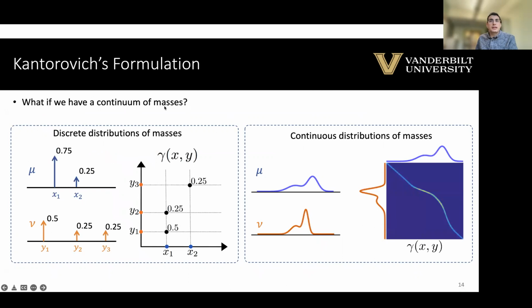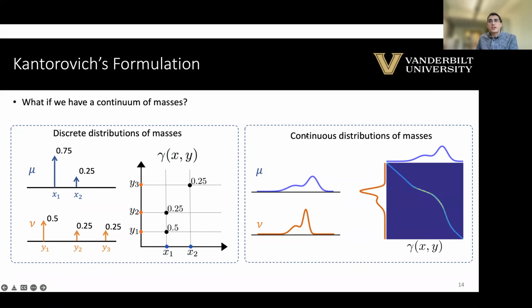But what if we had a continuum of masses as opposed to just having these particles that we talked about? Well, when we had these particles at x1, x2, and y1, y2, and y3, we looked at our transportation plan, and the transportation plan was this discrete joint distribution supported on the combination of x and y's, right?